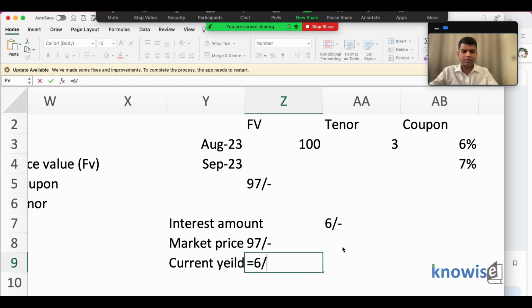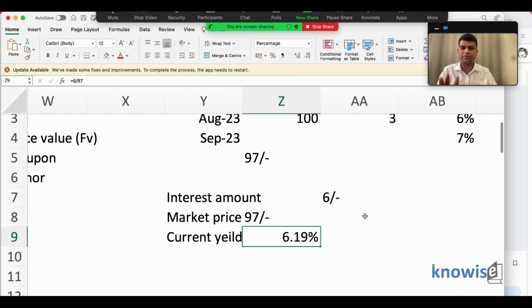So 6 rupees divided by 97. In percentage terms, my answer is, like I said, always keep 2 decimals. The current yield of this bond is 6.19%. Okay, what is current yield? Interest amount divided by market price.